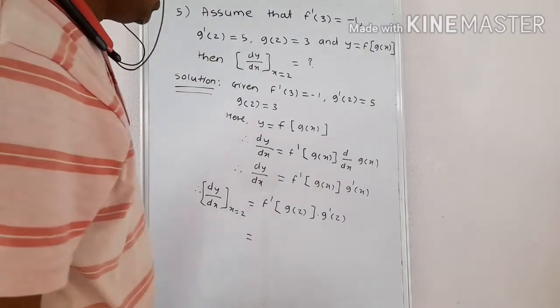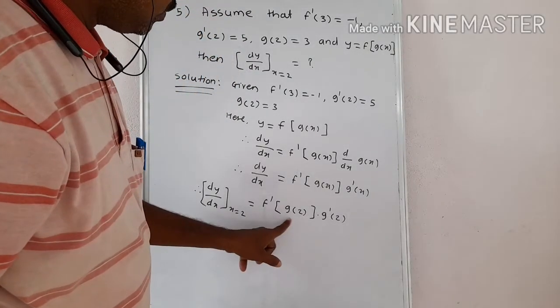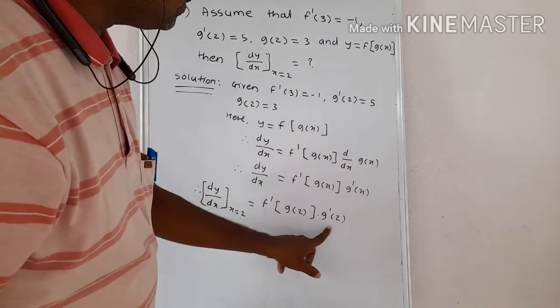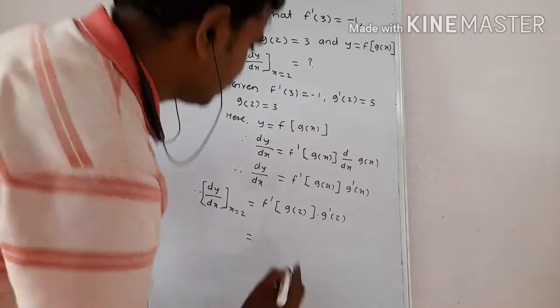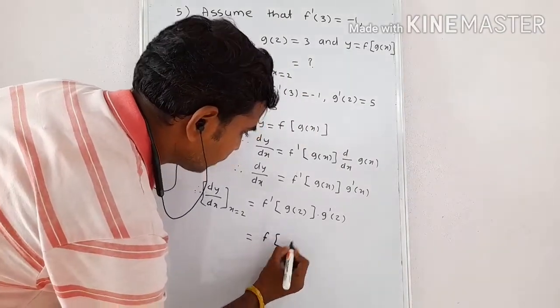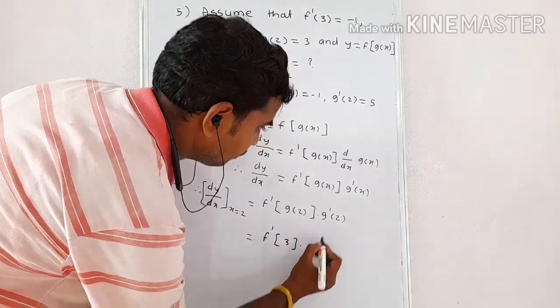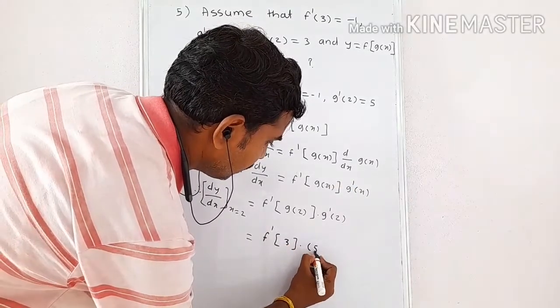Now, in the given values, the value of g of 2 is 3 and the value of g dash of 2 is 5.